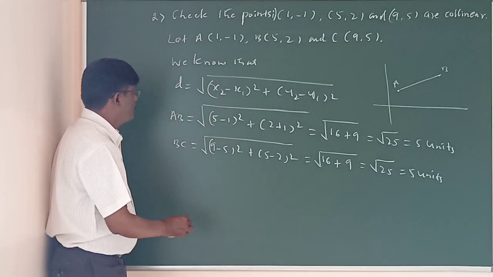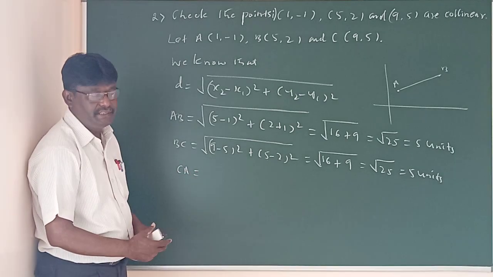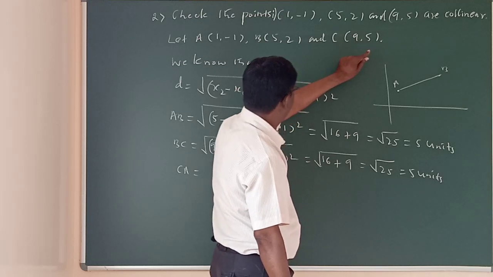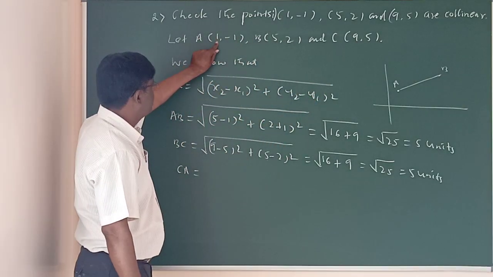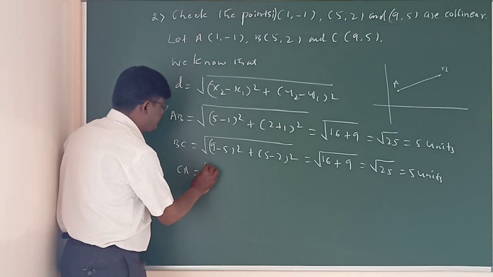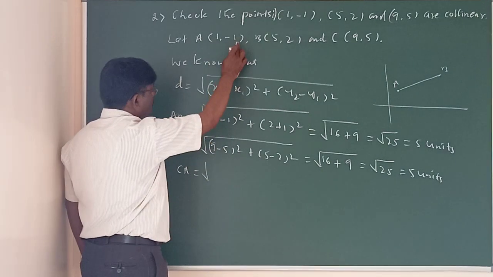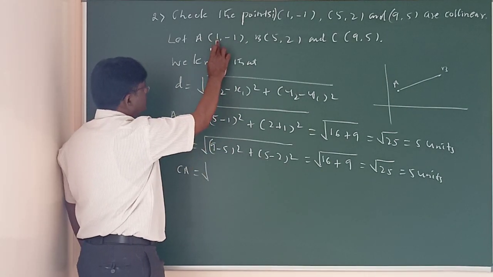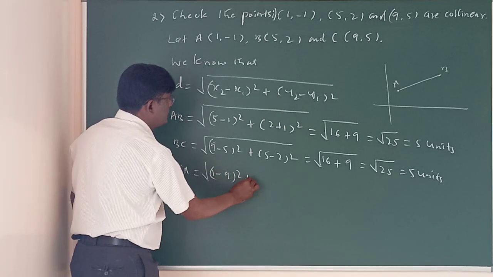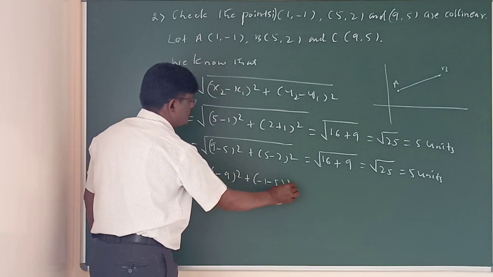Now let us take one more, CA. If you take CA, then you take C as x1, y1 and A coordinates as x2, y2. Therefore, x2 is 1 minus 9 whole square plus minus 1 minus 5 whole square.